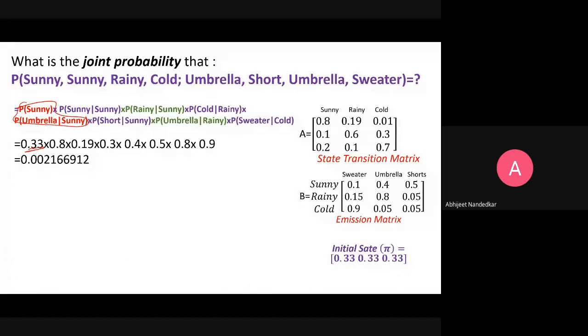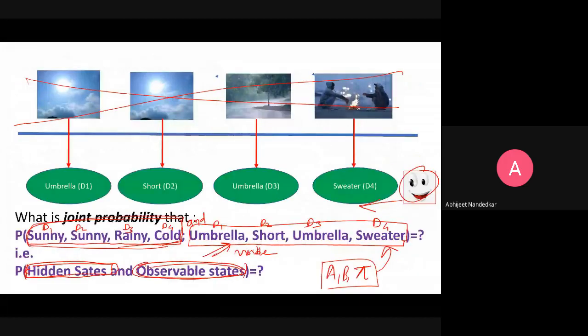Then on the first day, you observe that the person is coming with an umbrella, and the hidden state is sunny.